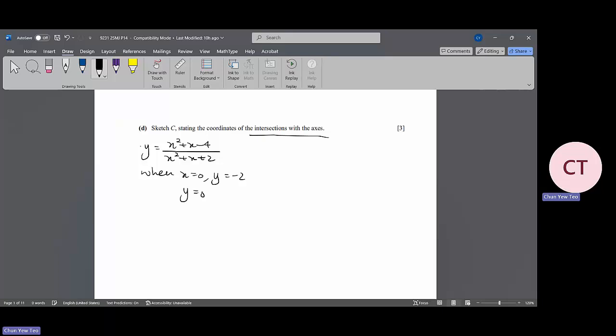When y is equal to 0, x squared plus x minus 4 equal to 0. You cannot factorize it, so we need to solve it using the quadratic formula. You will get x equal to negative 1 plus or minus square root of 17, over 2.